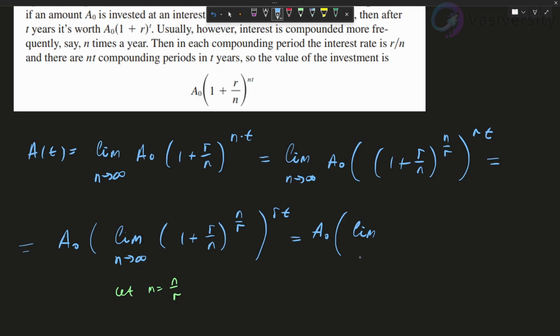Then we have the limit as m approaches infinity of 1 plus 1 over m to the power of m, everything to the power of rt. And that simplifies to A sub naught times e to the power of rt.